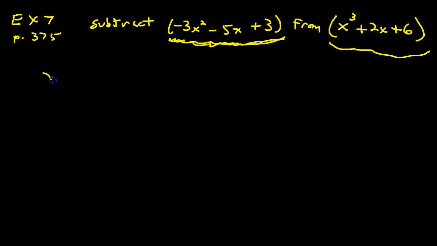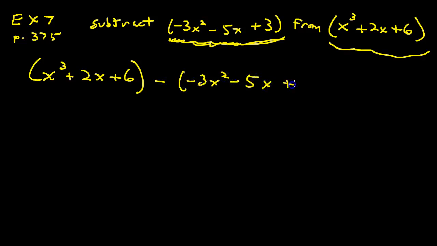If I write this in a different form, subtract 3x squared minus 5x plus 3 from this polynomial expression here. Now I can turn it into a problem much like the other.